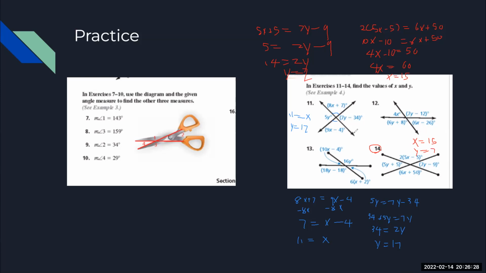If you want to check if it's right, you can plug it in. If you plug in 7 for y, you get 49 minus 9, which is 40 for this side. And then if you plug in 7 for y on the other side, you get 35 plus 5, which is 40 again. So it does work out.